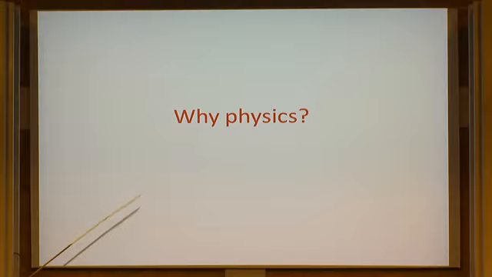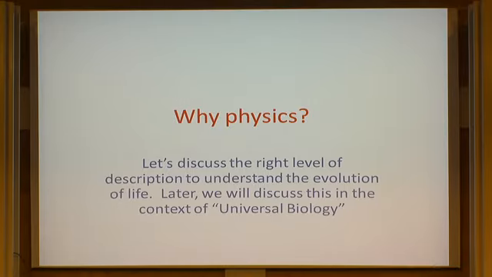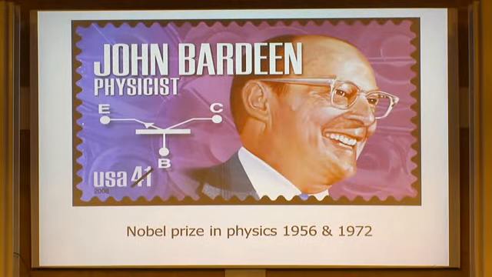Now, the next thing I want to do is talk about why this is a physics problem and why that can help us model the genetic code. So I want to talk about the right level of description to understand the evolution of life. Now, as you know, I'm at the University of Illinois. How many people in the room know who this person is?